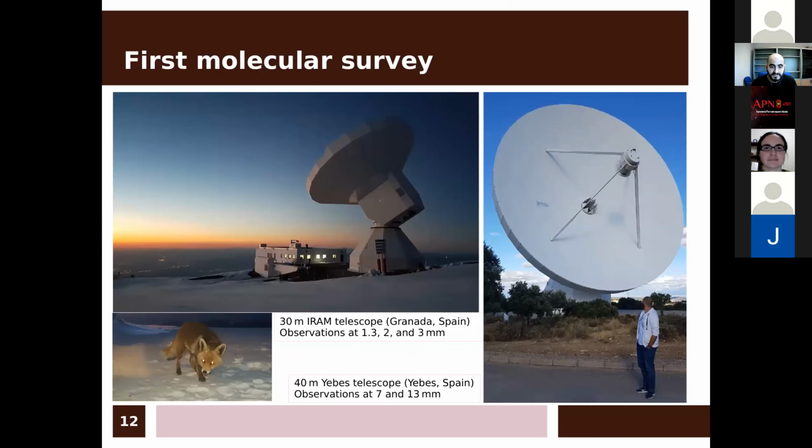Now, we have studied all these sources using the 30 meter IRAM telescope to observe them at 1.3, 2, and 3 millimeters, and using the 40 meter Yebes telescope at 7 and 13 millimeters. We have realized a survey in the search of molecules.